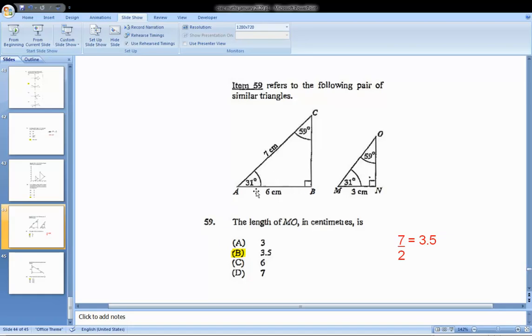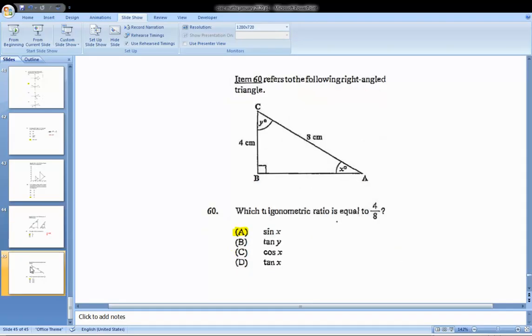So we want to find the length of MO. Looking at our first triangle, AC is 7 centimeters, and since it is twice this triangle, we simply divide that by 2. So 7 divided by 2, so MO would be 3.5 centimeters.